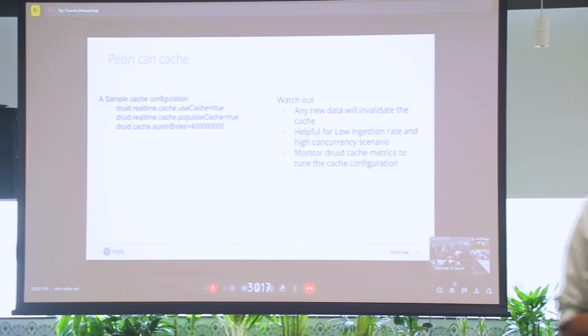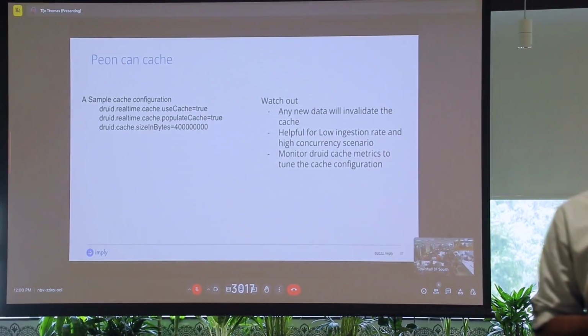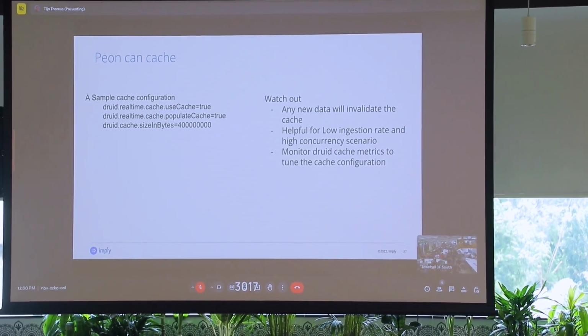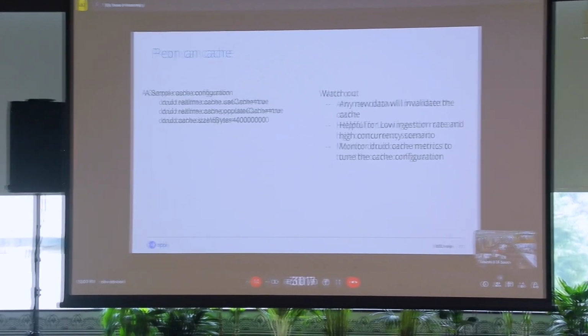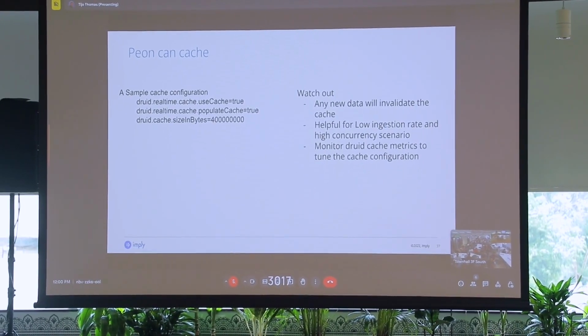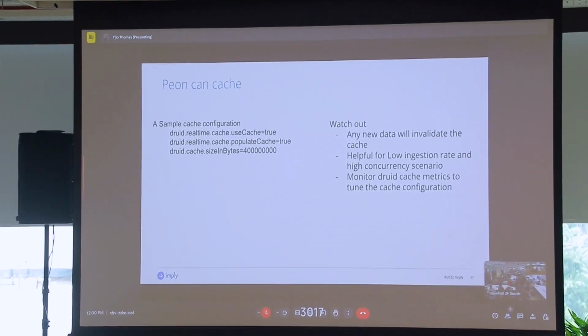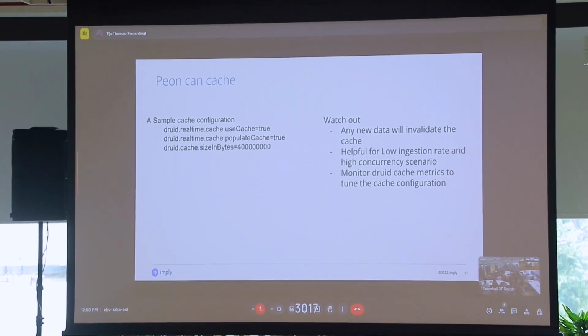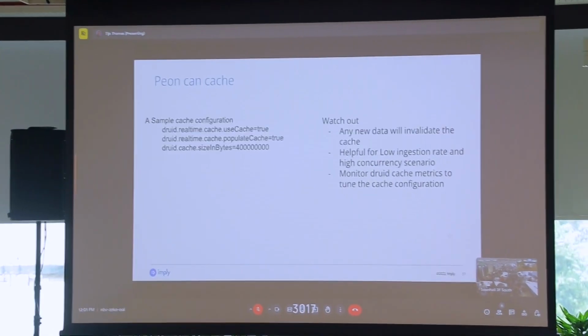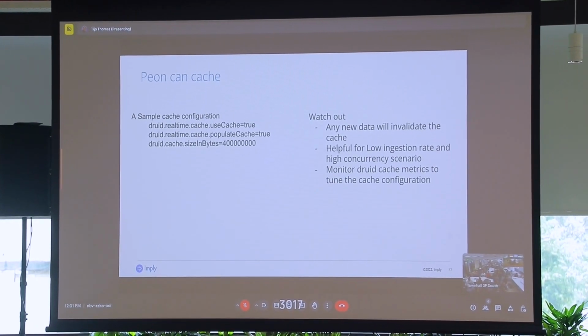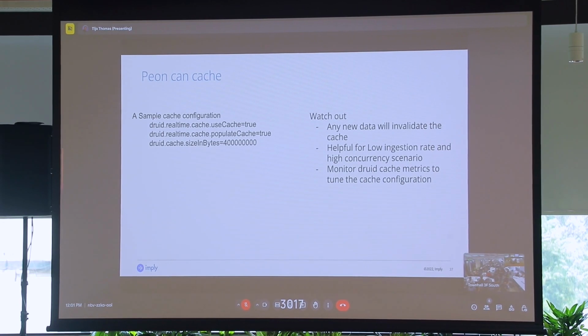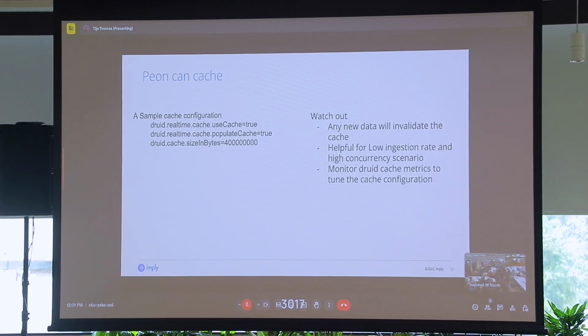Yeah, the last one. You can also do caching. Peon has the capability to cache the data. This part is a little bit tricky because whenever new data comes in, that cache will get invalidated, because then the cache is no longer a cache, right? So in the case of high concurrency and a high ingestion rate, it really doesn't make sense to have a cache, but you need to be mindful about it.